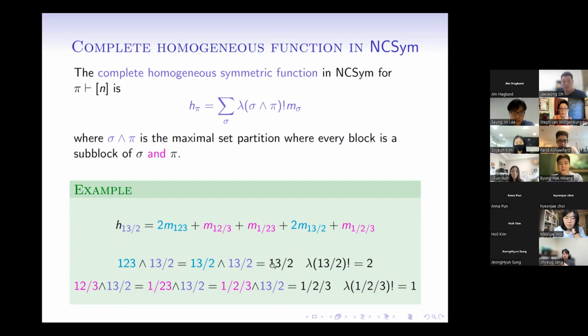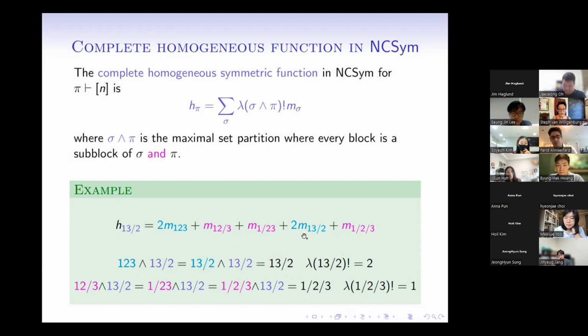So this has two numbers in, so we're going to get 2 factorial. This has one thing in, we're going to get 1 factorial. So 2 factorial times 1 factorial is 2. Now we've done all of that, we're ready to write down our coefficient. So we're going to get 2m123. And we get exactly the same calculation when we try and find the coefficient of m132.